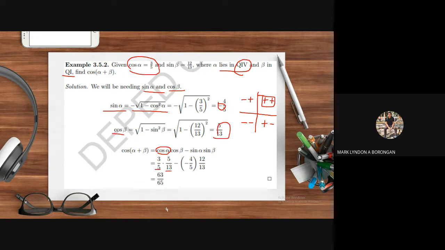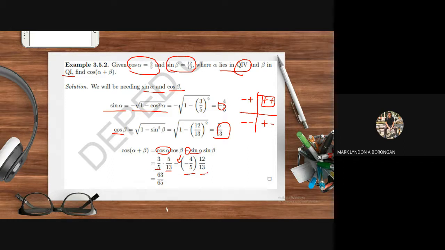Then minus, just copy the minus here, sine of alpha, which is negative 4 over 5, multiplied by the sine of beta, which is 12 over 13.